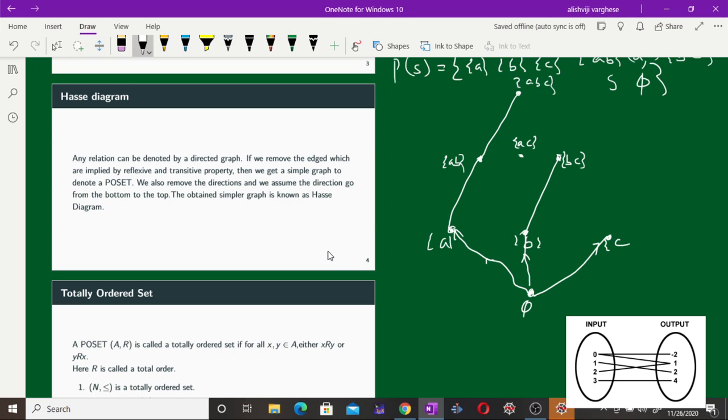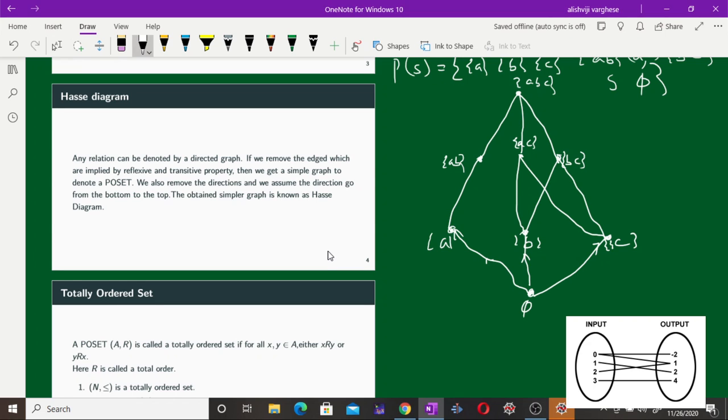So the resulting diagram is something like this. C is a subset of AC, and C is a subset of BC, and BC is a subset of ABC, AC is a subset of ABC.